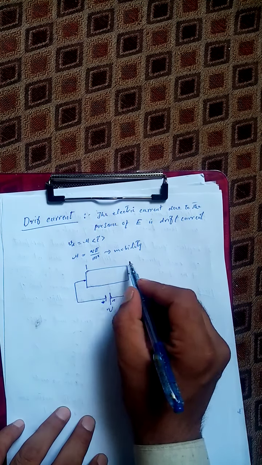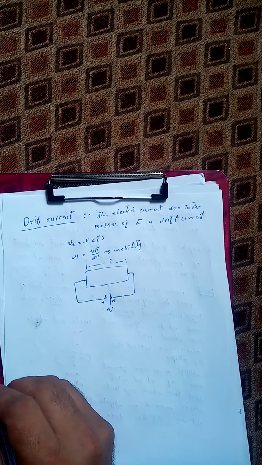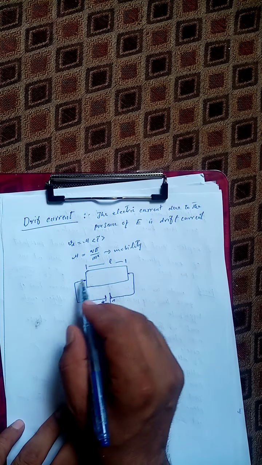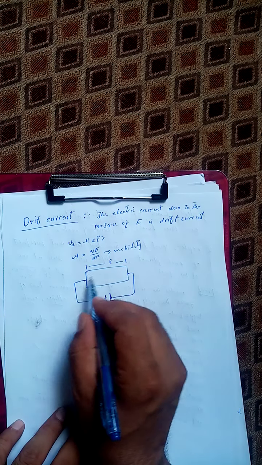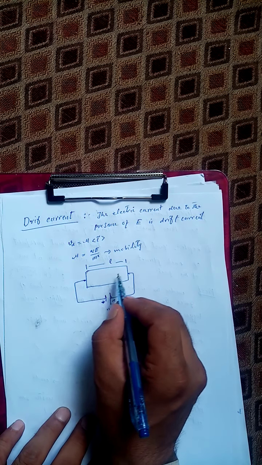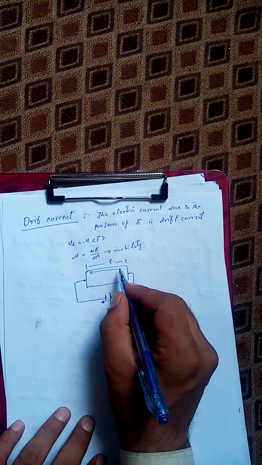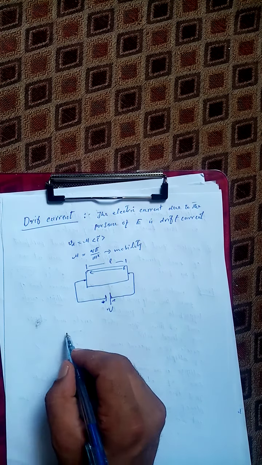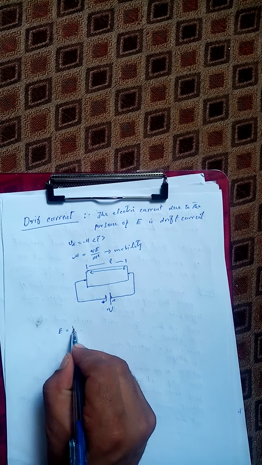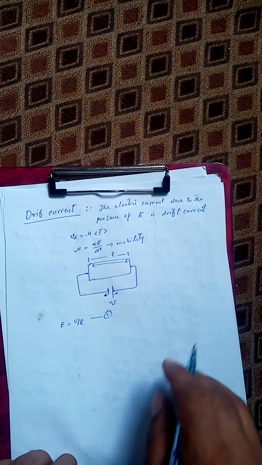The length of the semiconductor rod is L. And we know that there is an electric field developed inside this semiconductor rod. Its direction is from positive to negative terminal. So its direction is this one. This is the direction of electric field, which is given by E is equal to V over L. This is, let's say, equation number 1.